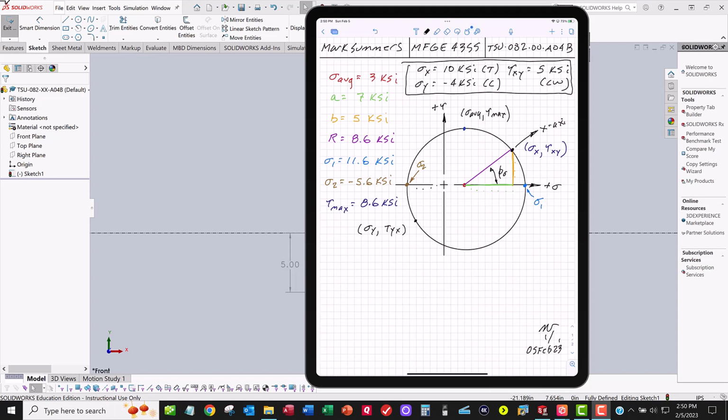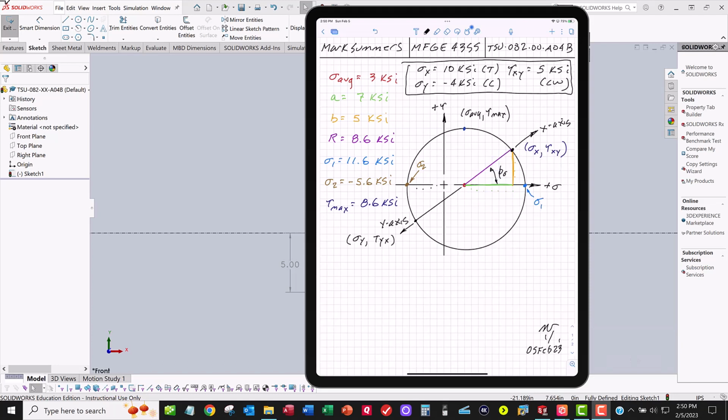And we can draw the y-axis on this other end down here in this direction. Move this over a little bit. And the y-axis will be this way. So remember these angles: as you rotate the stress element 180 degrees, you're going halfway around the circle here.